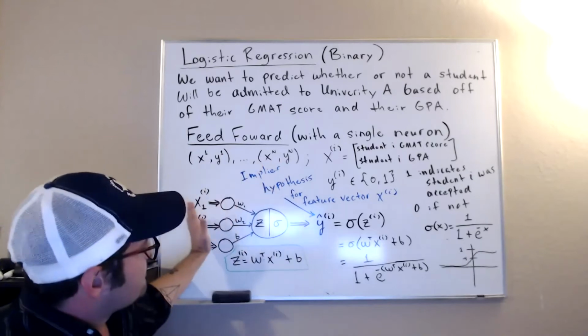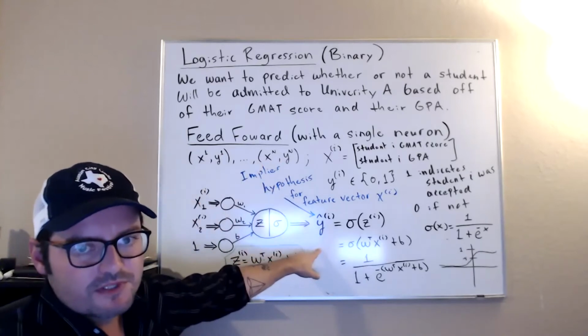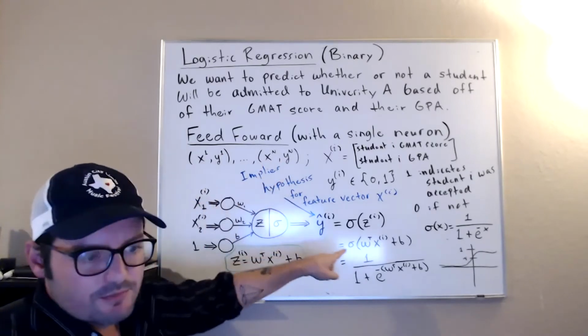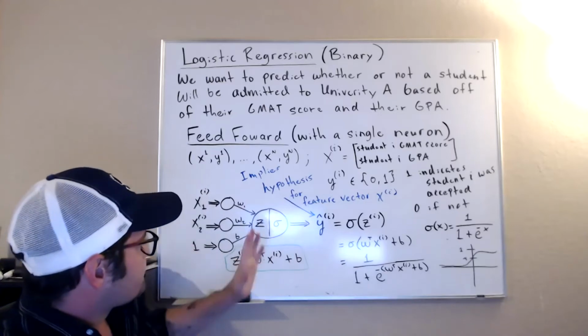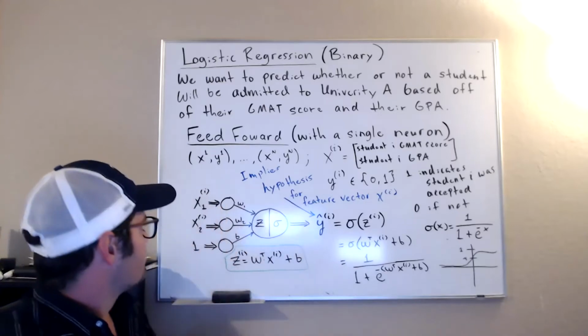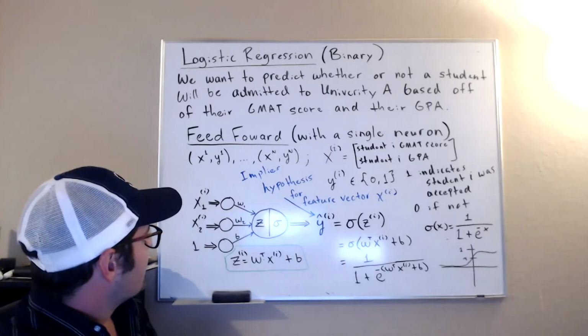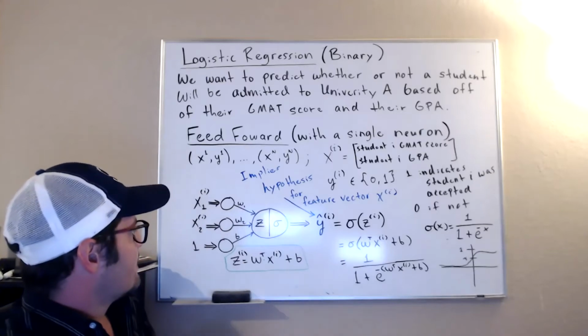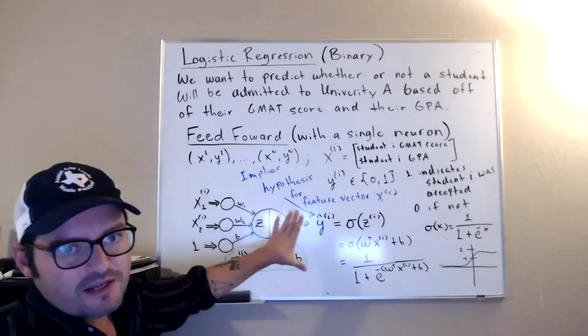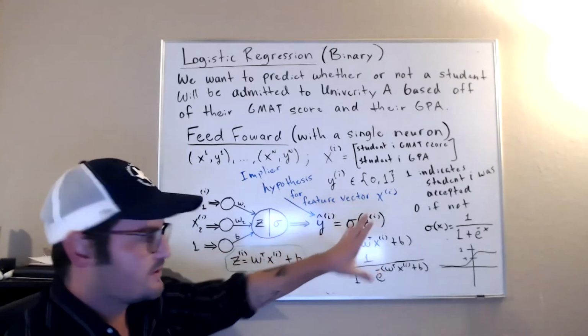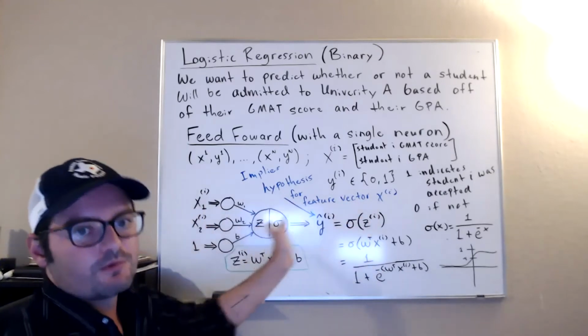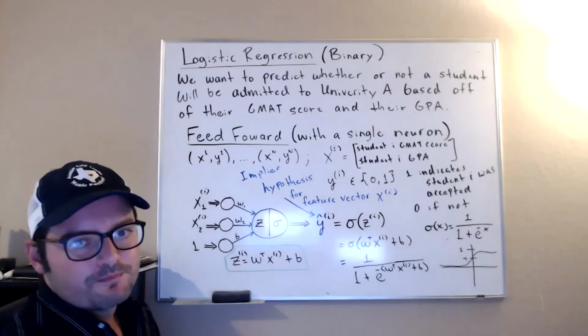Take another one, feed in, get out something else. Take another one, feed in, get out something else. The reason I'm doing this is that soon we're going to start stacking these neurons together, and we'll be feeding forward for a while, and not just in one step.